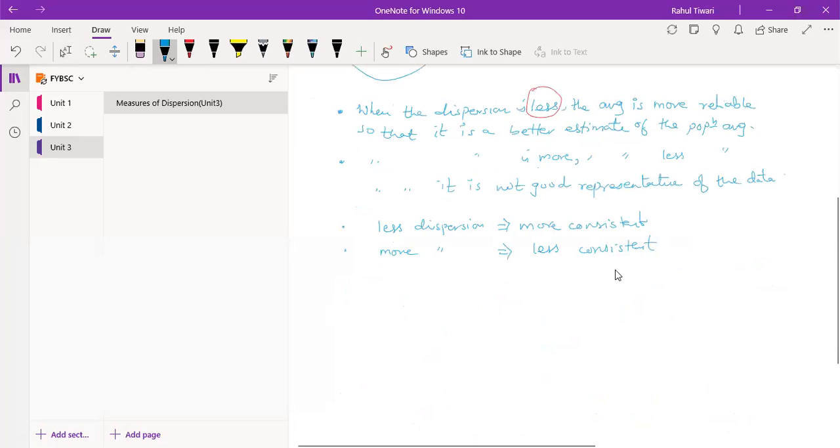But if I talk in terms of mathematics, this entire dispersion is split into two parts, two categories.